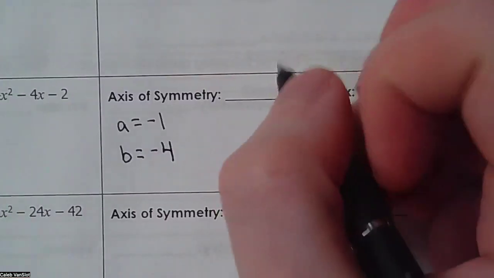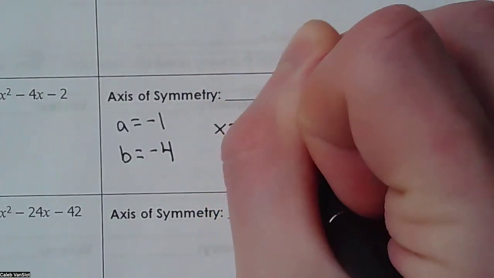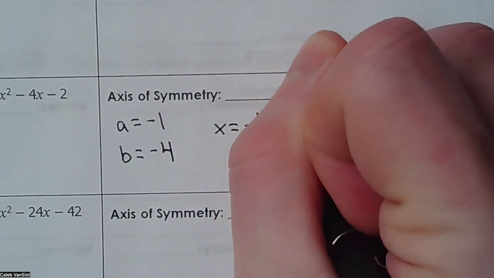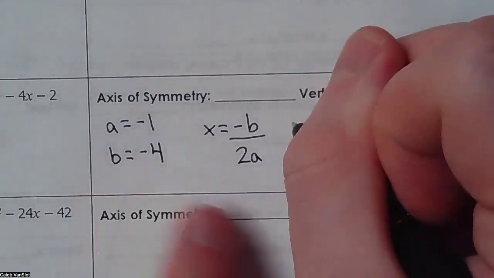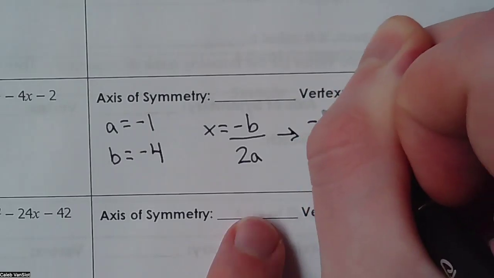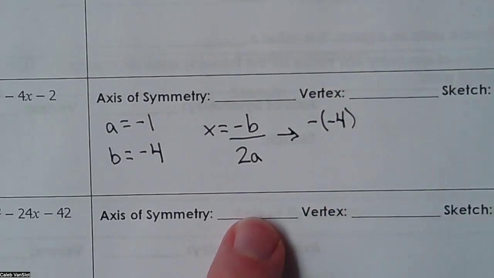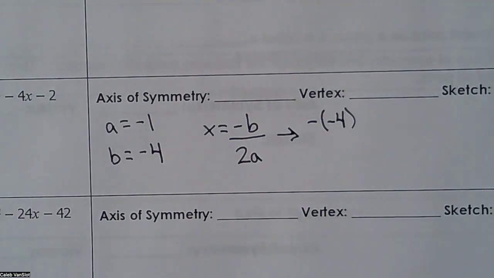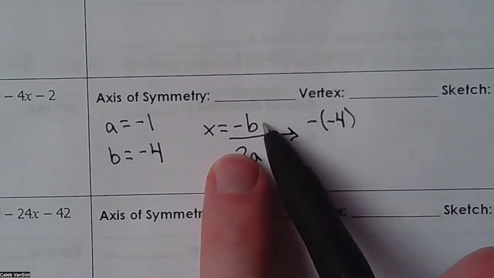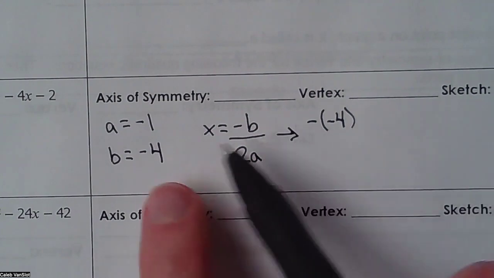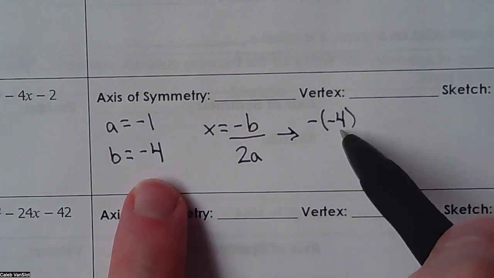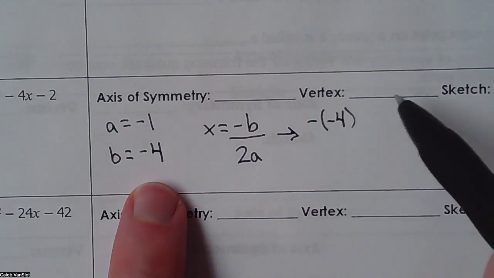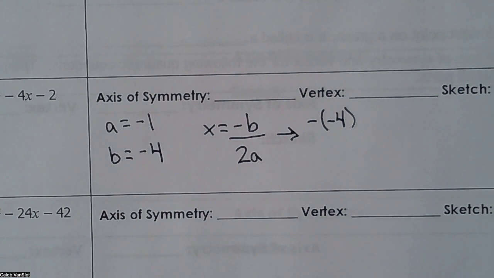And now we can solve by using this equation for our axis of symmetry. Okay. So just to kind of plug this in here, we've got negative. Our B value is negative 4, right? Make sure you don't just put one negative, right? They kind of cancel off. You have a negative B value, right? So a negative, negative 4. Okay. Whenever you plug in your values, just put parentheses around them, okay?